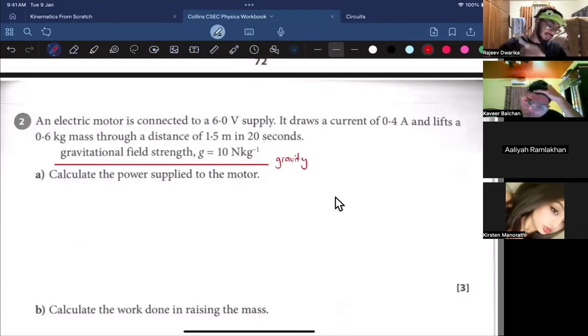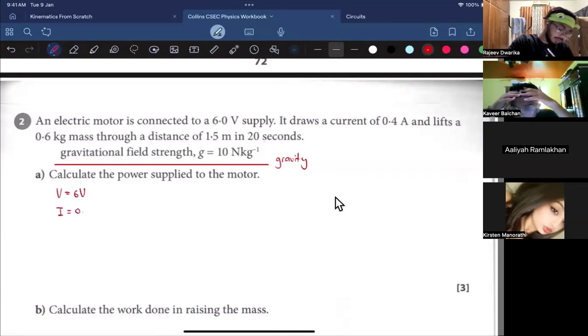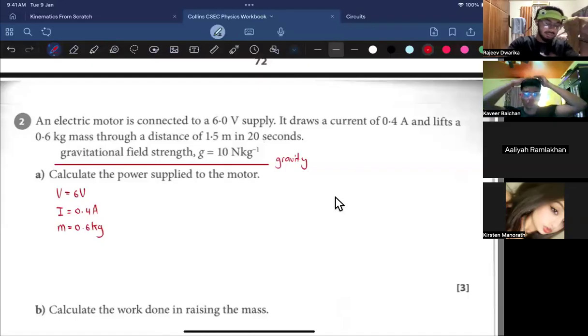So let me just write down all the information, shall we? They're giving us the voltage, V is equal to 6 volts. The current, I is equal to 0.4 amps. They're giving us mass, it lifts a mass of 0.6 kg, through a distance of 1.5 meters.